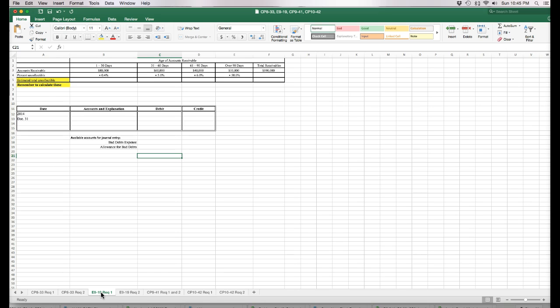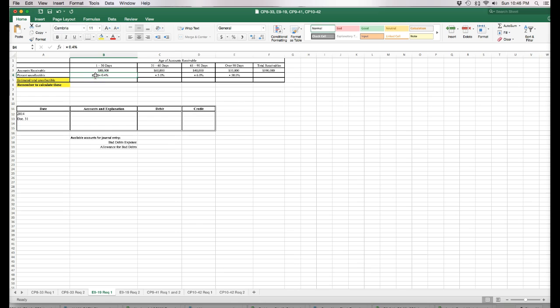And the way we do it in the aging of accounts receivable is that we have a certain amount that we expect to receive in the 1 to 30 day category, the 31 to 60 day category, 61 to 90, and over 90 days. Those are our accounts receivable, what we're expecting to receive as payments from our customers.